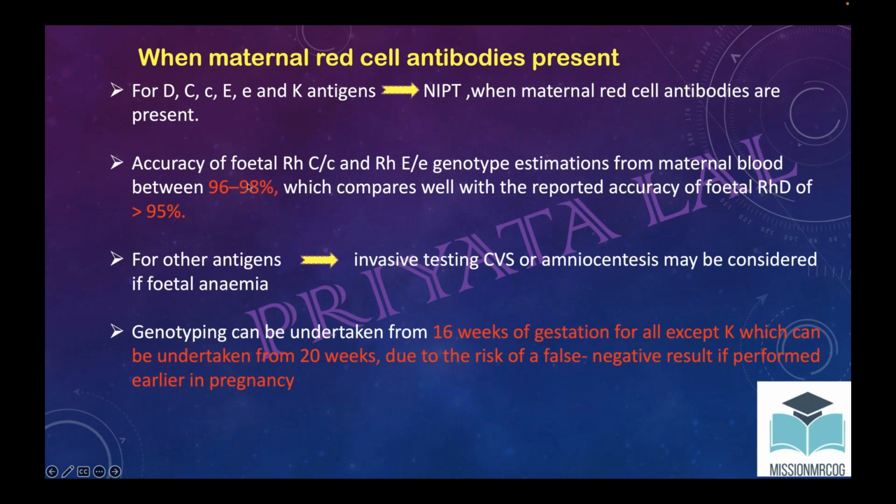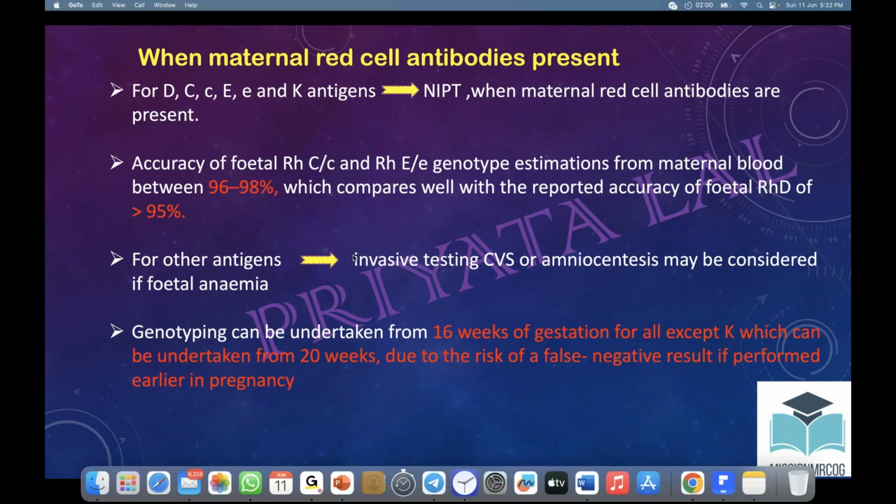NIPT can be done for DCEK only, but there could be so many other antigens. We have already shown you the table for other kinds of antigen. If we want to know whether the baby has those antigens or not, we have to do CVS or amniocentesis. Now this is very important: at what gestation will NIPT be able to detect these antigens?